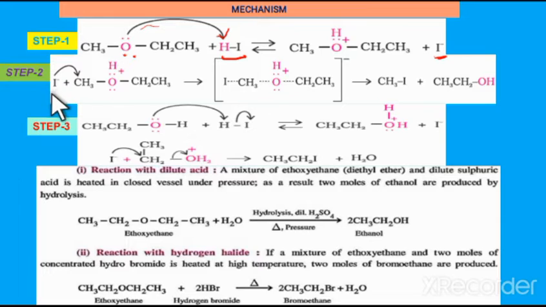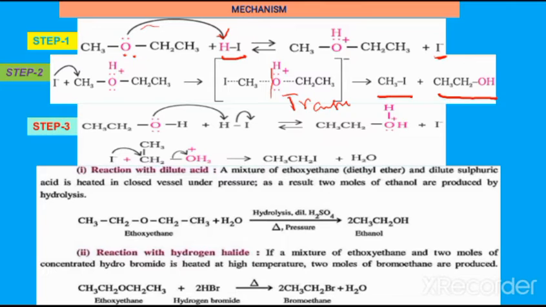The iodide ion acts as a nucleophile and attacks the alkyl group of the oxonium ion, forming a transition state. The transition state then decomposes to give methyl iodide plus ethanol.